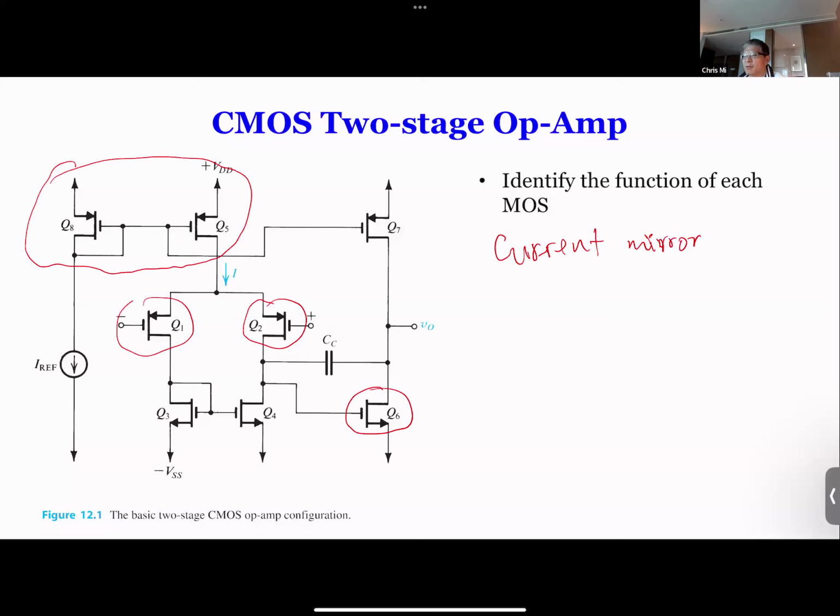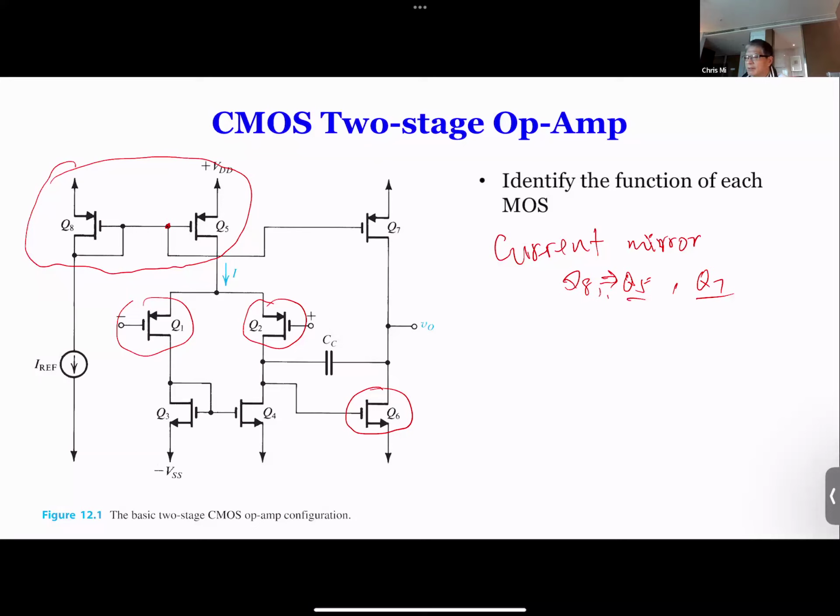The current mirror is formed by Q8 and Q5. In addition to that, if you look at Q7, the gate of Q7 is also connected to the gate of Q8. So therefore, Q7 is also a current mirror. Q5 and Q7 form a current mirror.